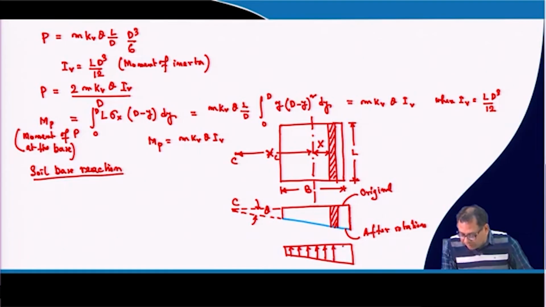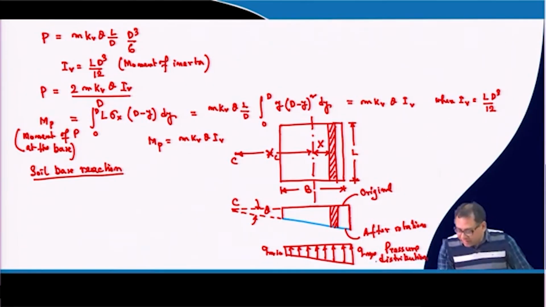It will not be uniform, because it is rotating, because you are applying the horizontal load. So this is Q max, this will be Q min. This is the pressure distribution at the base, and this is the deflection at the base.